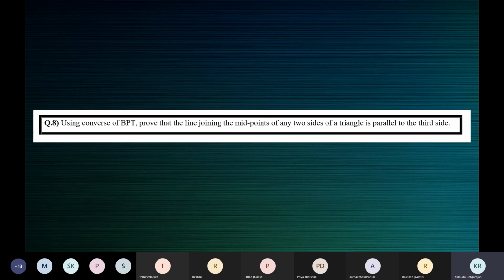You're going to use converse of BPT to prove the statement. The statement itself is the converse of the midpoint theorem: the line joining the midpoints of any two sides of a triangle is parallel to the third side.